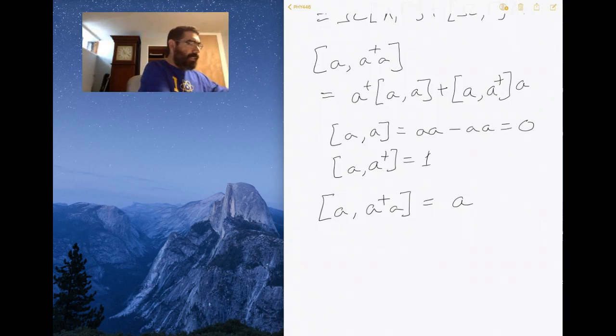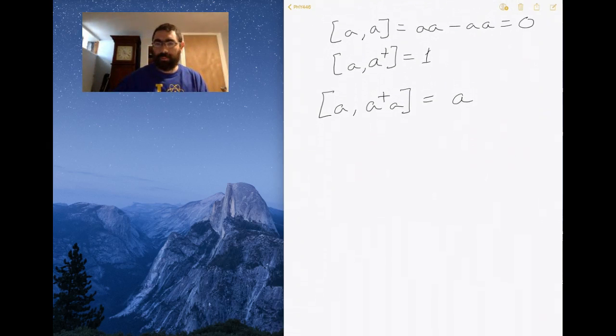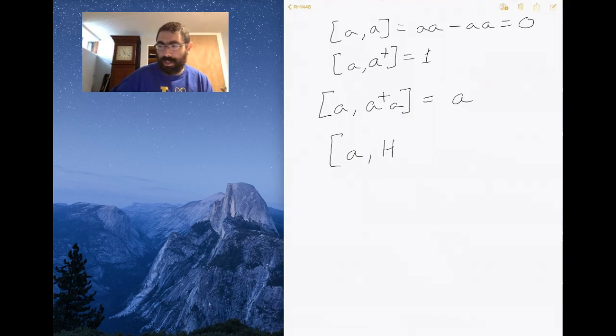Okay. So let's apply that now to further kind of commutation relations. So if I take the operator A and operate with the dimensionless Hamiltonian, then that's like taking the commutator of A and A dagger A plus 1/2.